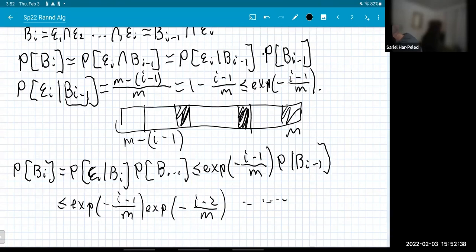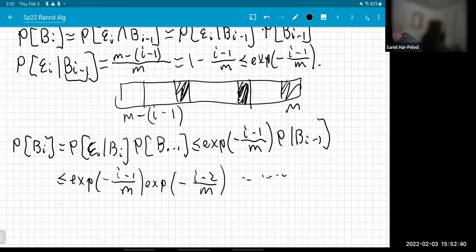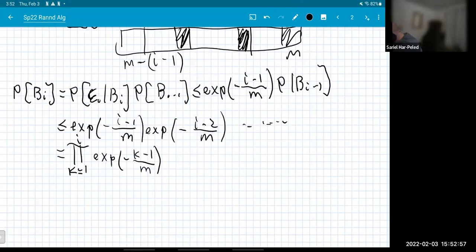Namely, if I write it, this is just equal to the product for k equal 1 to i of exp of minus (k-1) divided by M. And now we just need to do some algebra. It's not too difficult. A product of exps can always be turned into a summation. This is why we are always doing this silly trick.